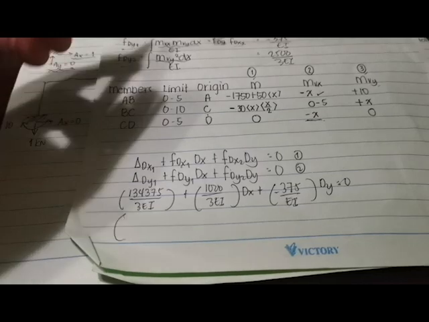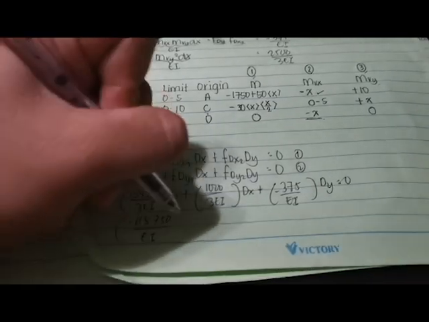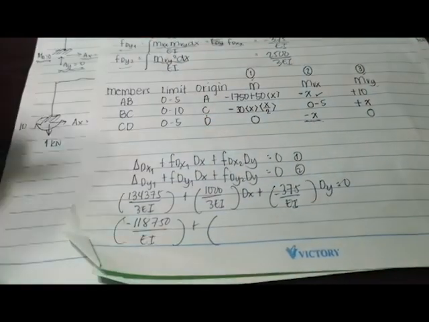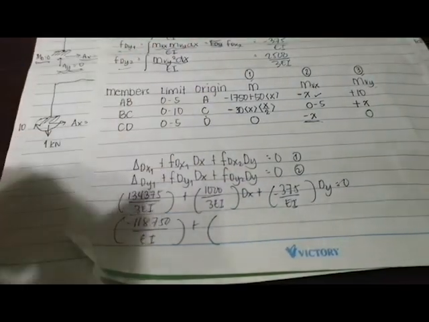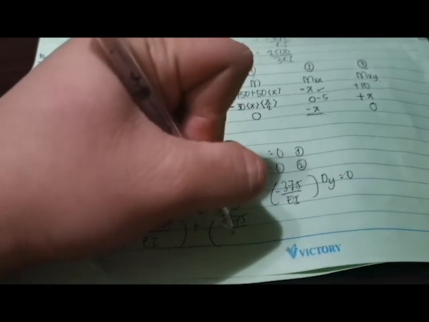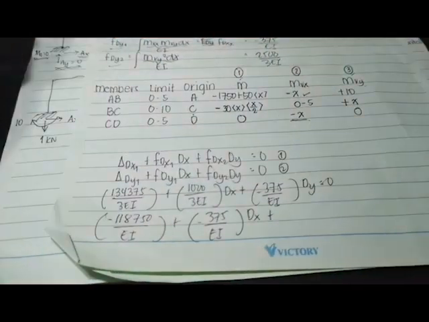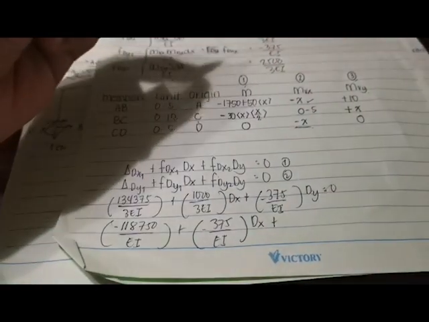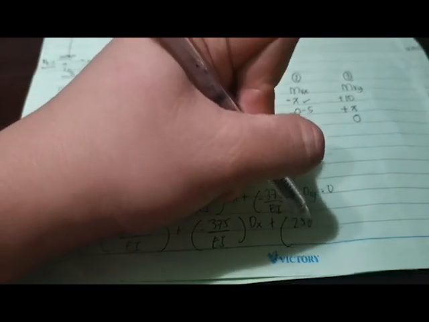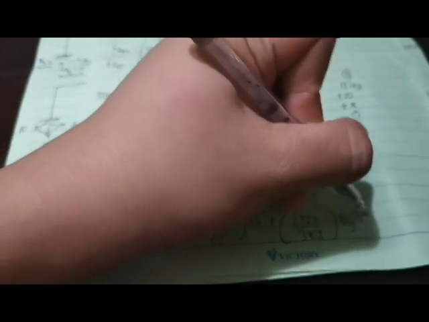Next, we have your delta dy1, negative 118,750 over EI, plus f dy1, which is equal to negative 375 over EI, times dx, plus 2,500 over 3EI dy is equal to 0.